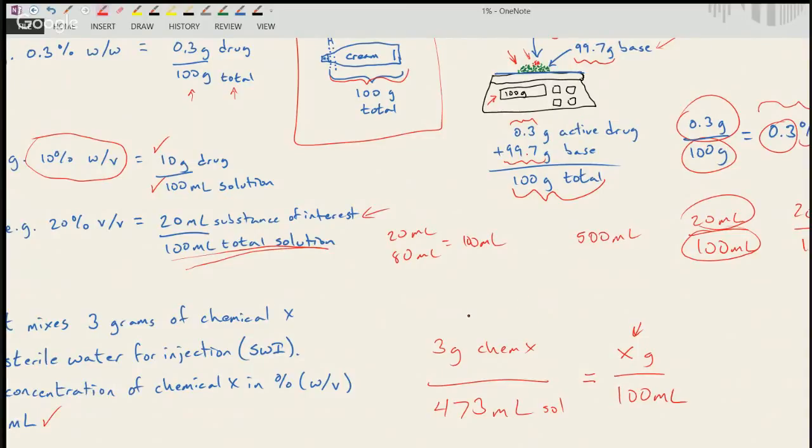So just like before, we would cross multiply.